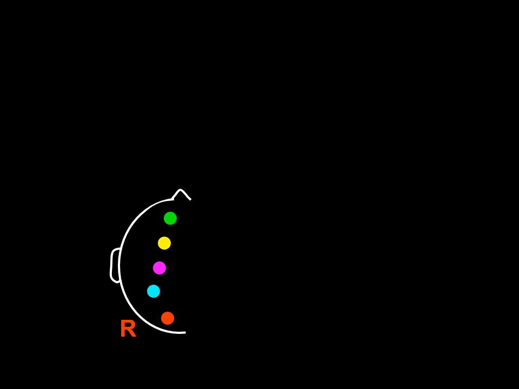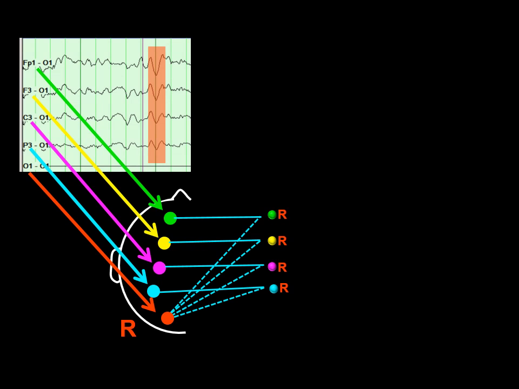The one labeled R is the reference. The green, yellow, magenta, and aqua electrodes are connected to the input 1 of one differential amplifier, and the reference electrode is connected to the input 2 of all the differential amplifiers.